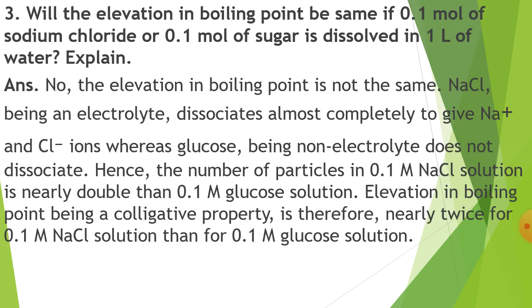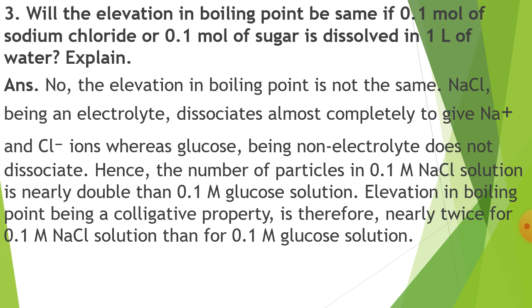Next, question number three. Will the elevation in boiling point be the same if 0.1 mole of sodium chloride or 0.1 mole of sugar is dissolved in 1 liter of water? The solvent is the same and the moles are also the same, but the solutes are different.